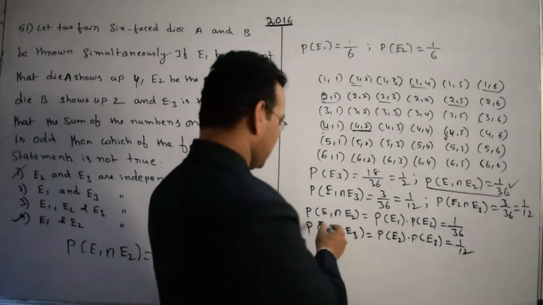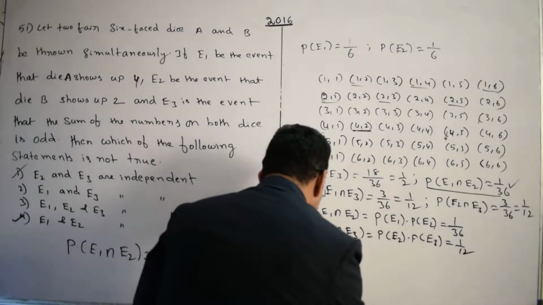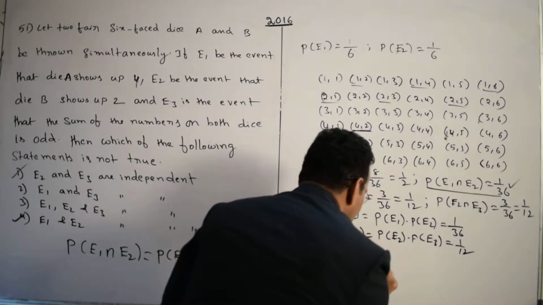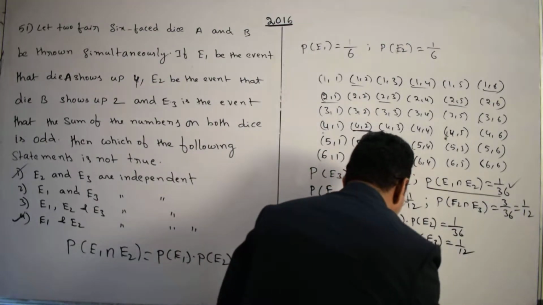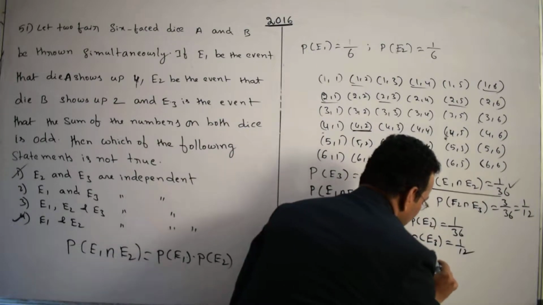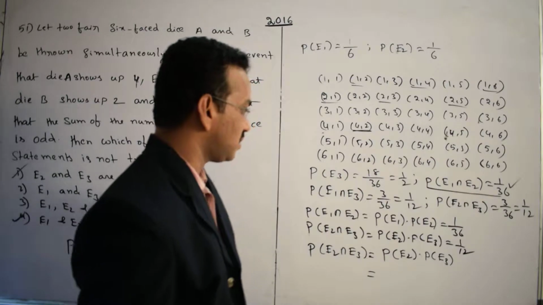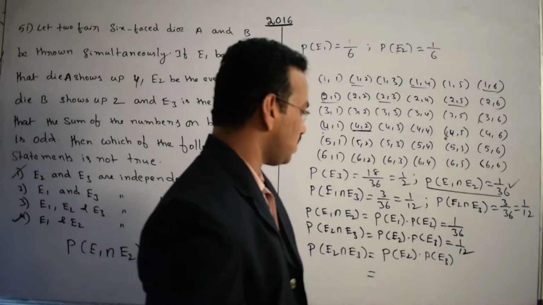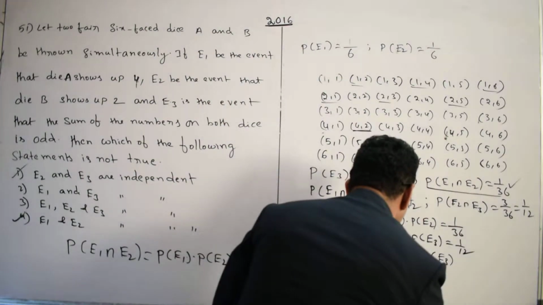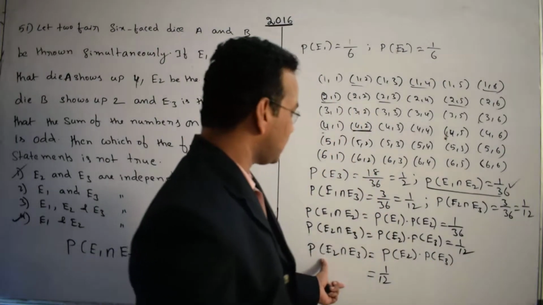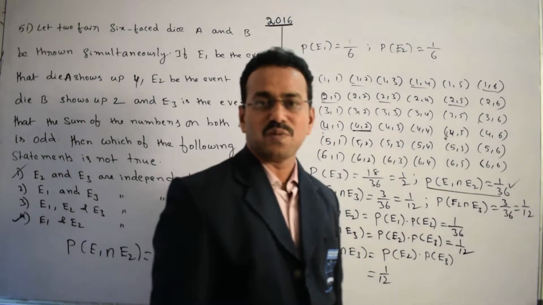Next we will cross check E1 and E3. Probability of E1 intersection E3 is equal to probability of E1 into probability of E3. The probability of E1 is 1 by 6, the probability of E3 is 1 by 2, which is equal to 1 by 12 only. We already calculated probability of E1 intersection E3, so that is also 1 by 12.